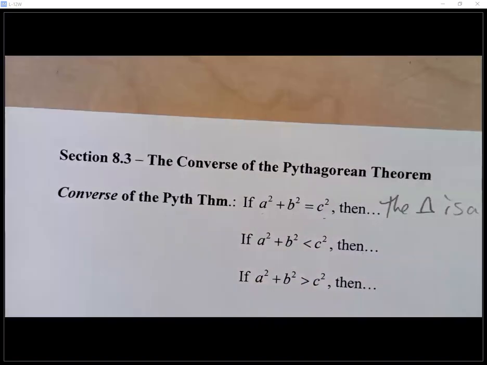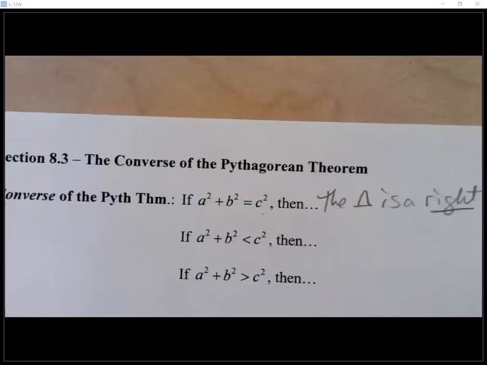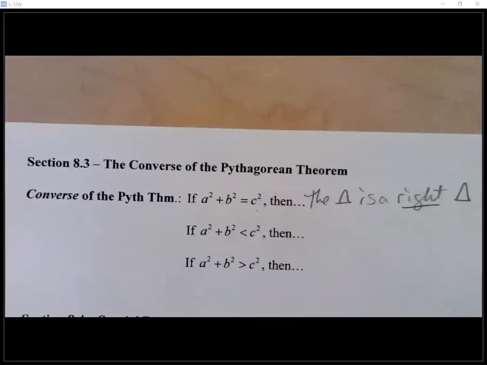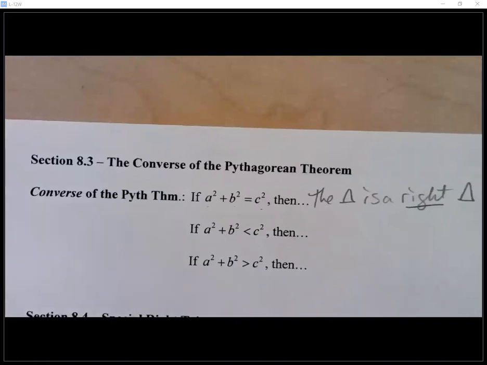So if you are given three side lengths and you don't know if it's a right triangle, you can check it in the Pythagorean theorem and see if it actually is a right triangle or not. Now, if it's not, though, you can actually use Pythagorean theorem to tell you if it's an acute triangle or an obtuse triangle, based on how a squared plus b squared comes out in relation to c squared.